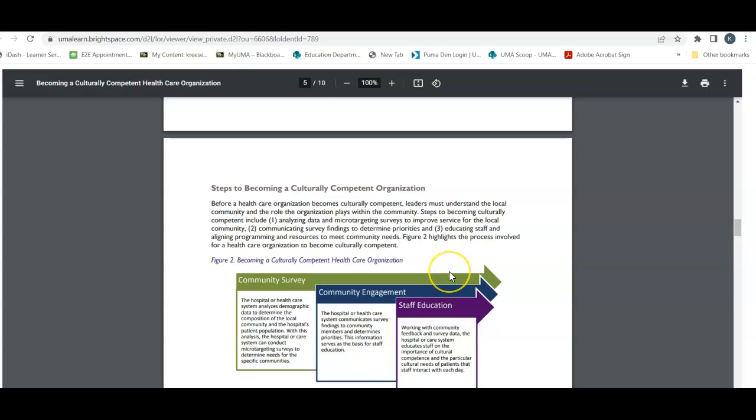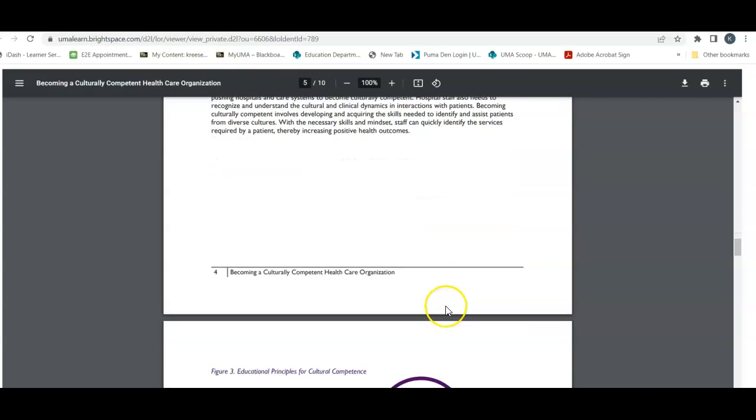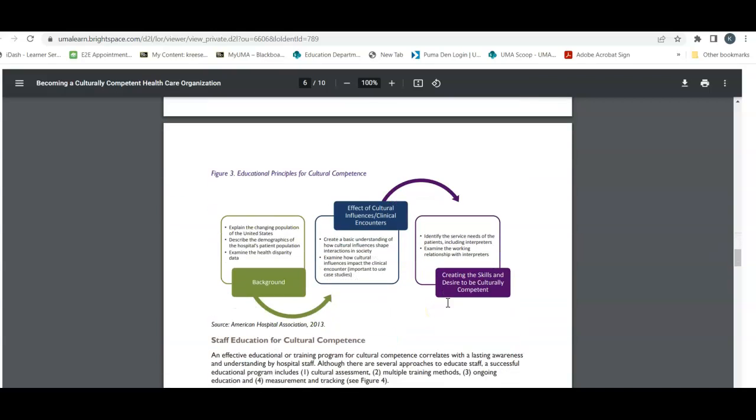There may be a certain group of people that have a particular culture, one that you may or may not be familiar with, but you want to make sure that your team is familiar with that. And if the community in the area of your healthcare facility has a different culture than your organization per se, then you want to make sure that your staff is comfortable with that. So here we talk about community engagement, staff education, those types of things. You want to read through and get an idea of what that would involve.